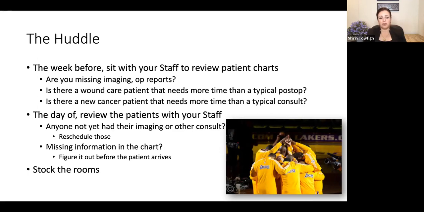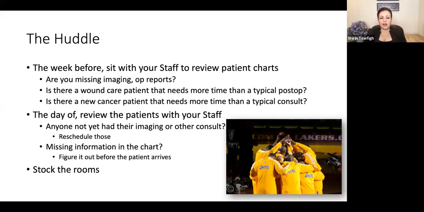Do you notice that there's a patient with a wound care issue that's scheduled as a post-op, but it's not your typical post-op? You have to do a full wound packing or vac change. That should be changed so that their office visit is allotted a little bit more time. Same if you have a cancer patient, let's say newly diagnosed, maybe you need more time for consultation for that one than for someone who's here as a follow-up.